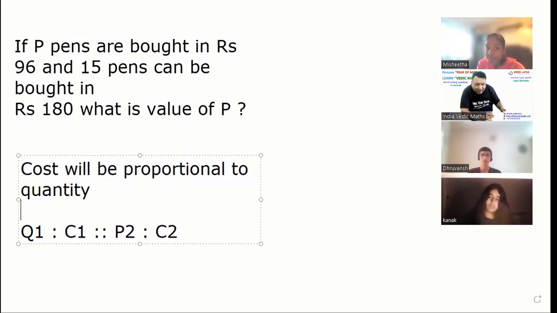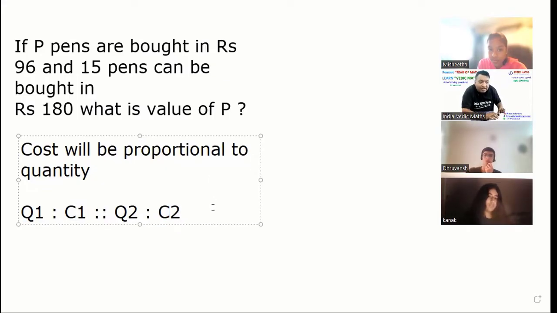Cost will be proportional to quantity, right? So suppose quantity is Q1, then cost is C1. If quantity is Q2, cost is C2. They are directly proportional.